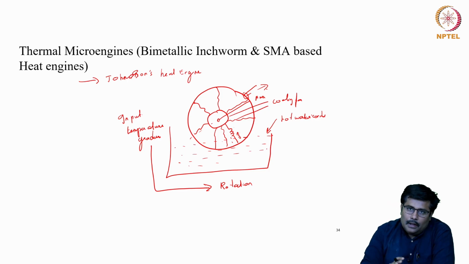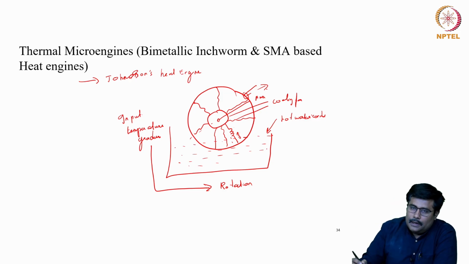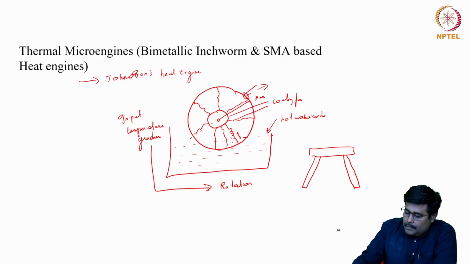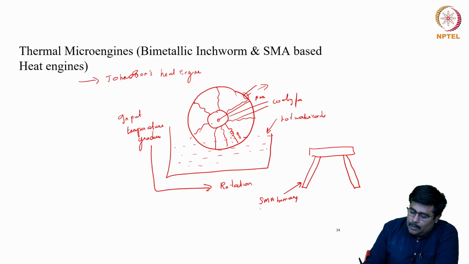Now, here in this particular case, what we are observing is a rotation because the geometry is in the form of a wheel. However, alternatively we can also deploy arrangements where we have a two legged system made out of SMA bimorph.